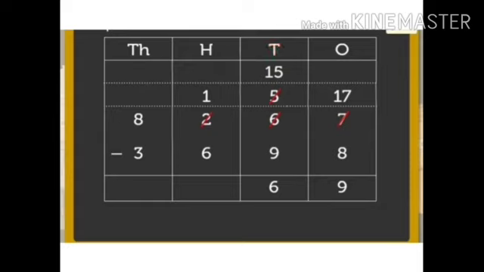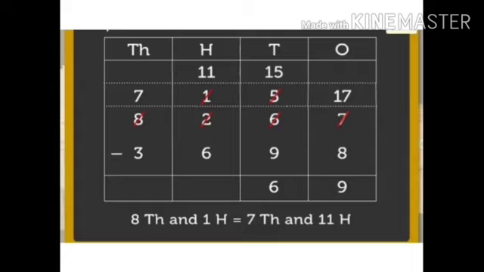Next step, 1 is less than 6. So, borrowing 1 thousand from 8 thousands. 8,000 and 100 is equal to 7,000 and 1100. Subtracting 11 hundreds minus 6 hundreds is equal to 5 hundreds. So, write 5 under the hundreds column.